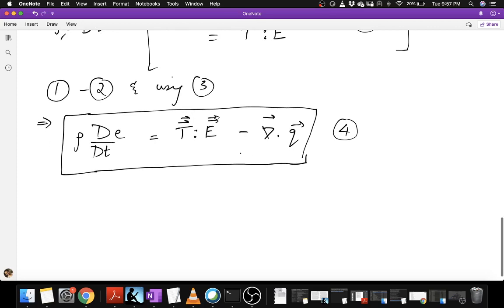Now this is a general form, applicable to any fluid, but at this point we shall specialize to the case of a Newtonian fluid, for which we know the constitutive equation for T, and for which we can apply the well-known Fourier's law of heat conduction for Q. So we now look for an incompressible Newtonian fluid.